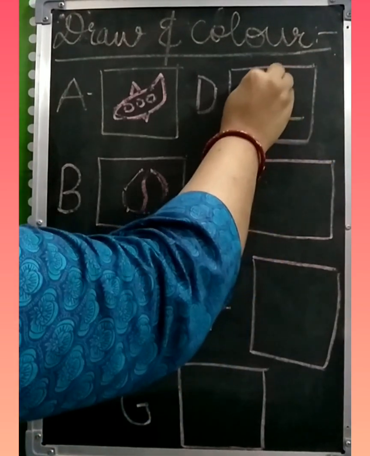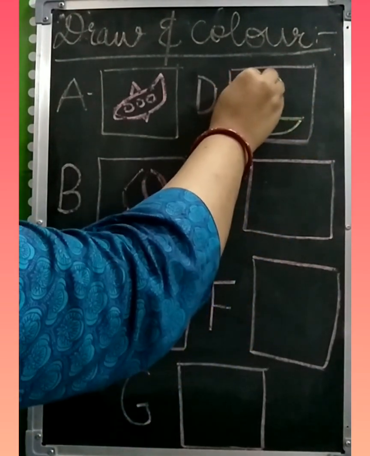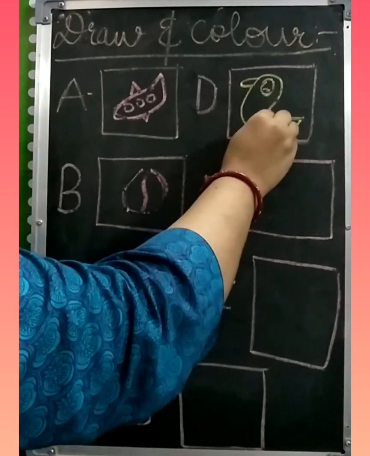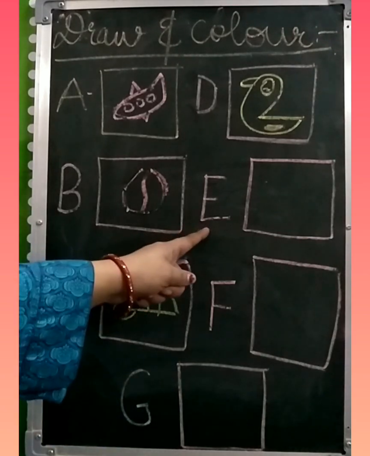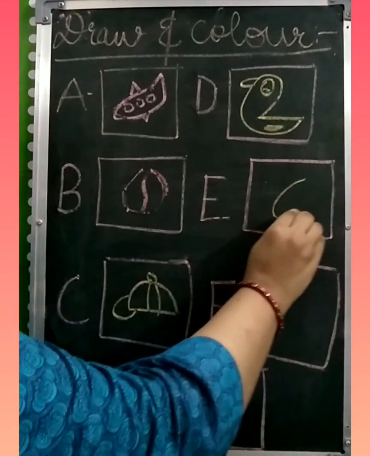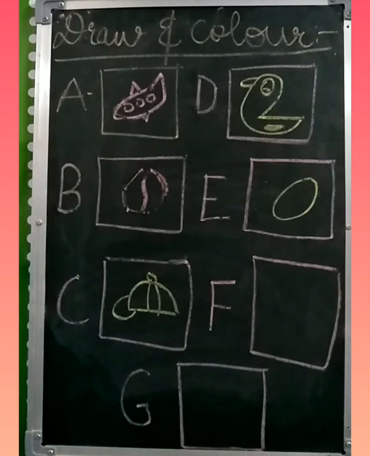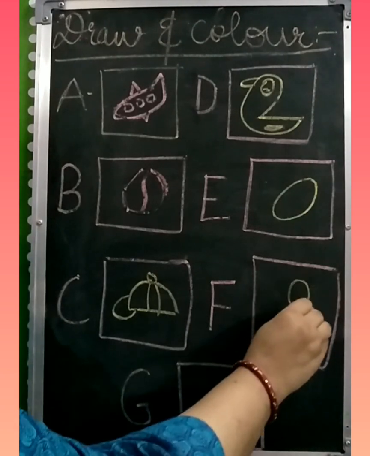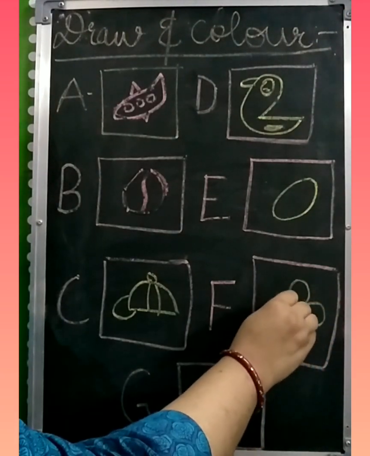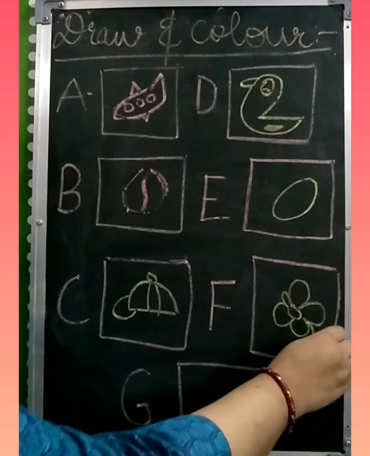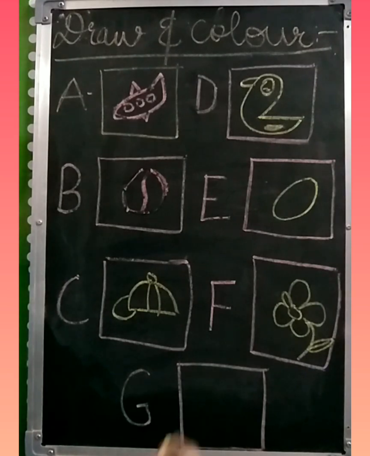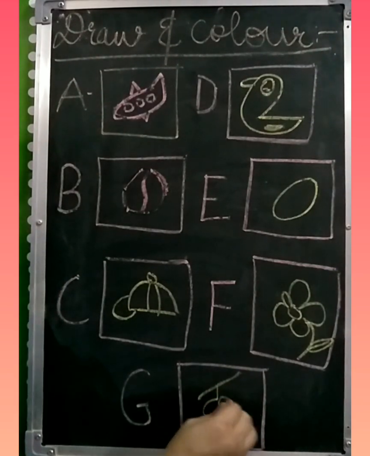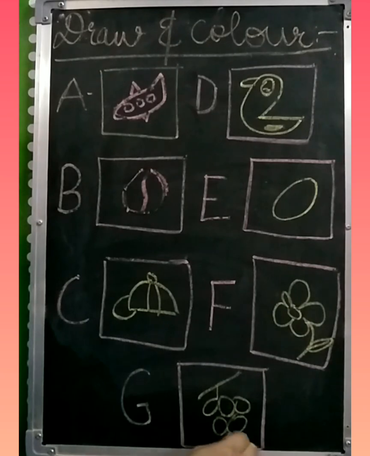First we will make two, then we will join and we will make beak, eyes and wings. This is da, duck. Egg. Simple oval shape. Flower. We will draw a beautiful flower. Okay. Then gaga, grapes. We will draw gaga, grapes.